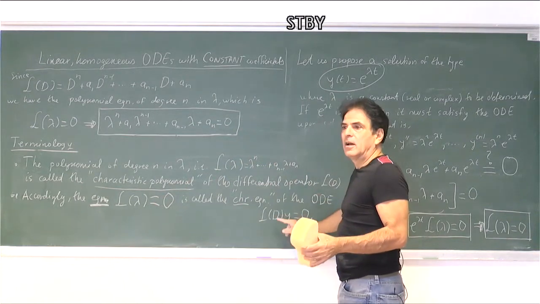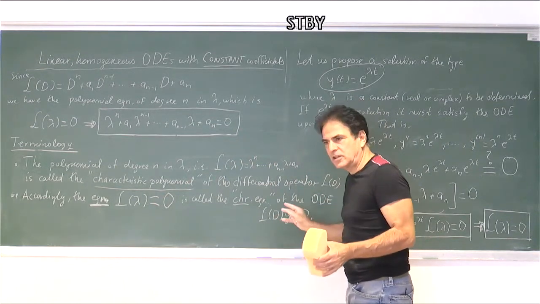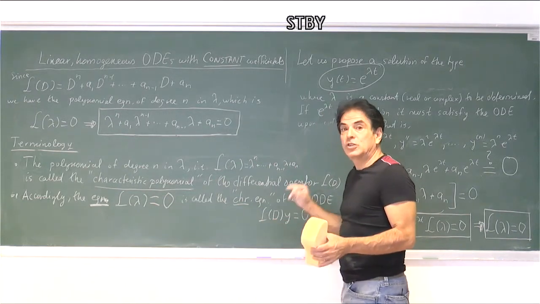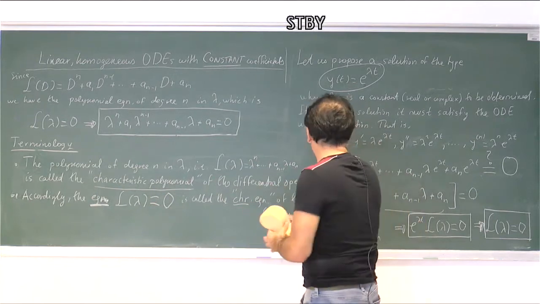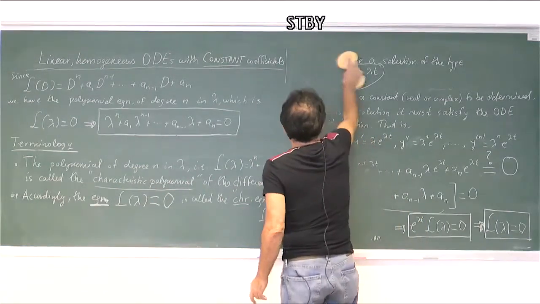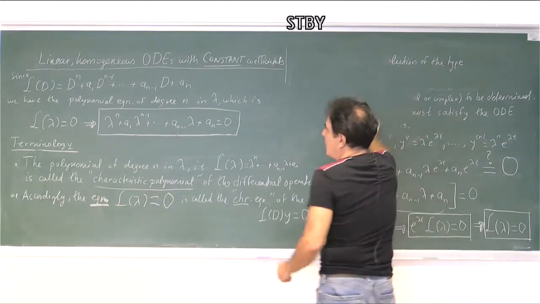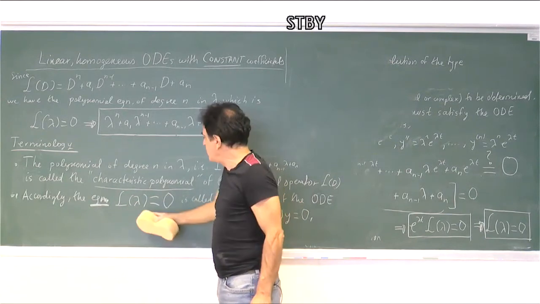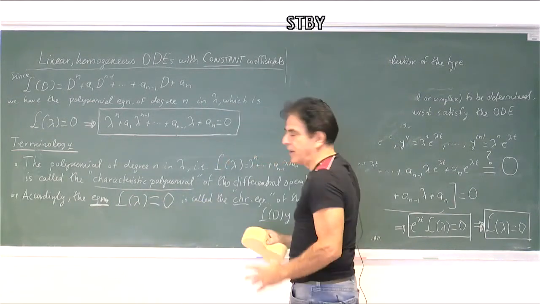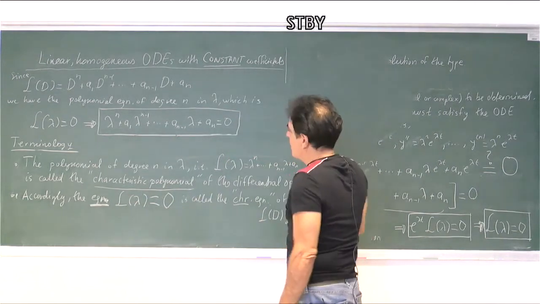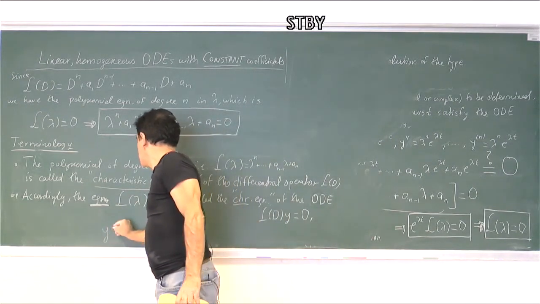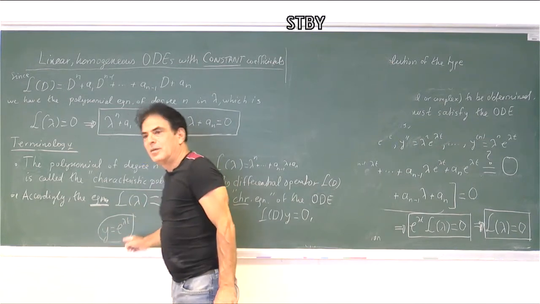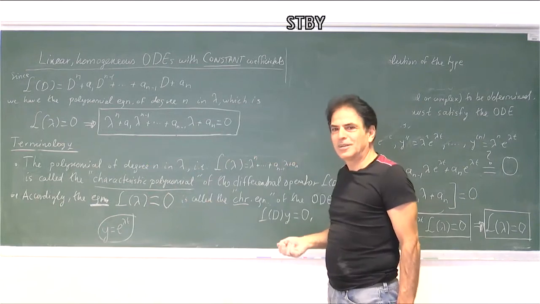Do not forget, our differential equation considered now is a homogeneous linear ODE with constant coefficients. And if lambda is a number which satisfies the characteristic equation, then y equal to e to the power lambda t becomes a solution of the differential equation.